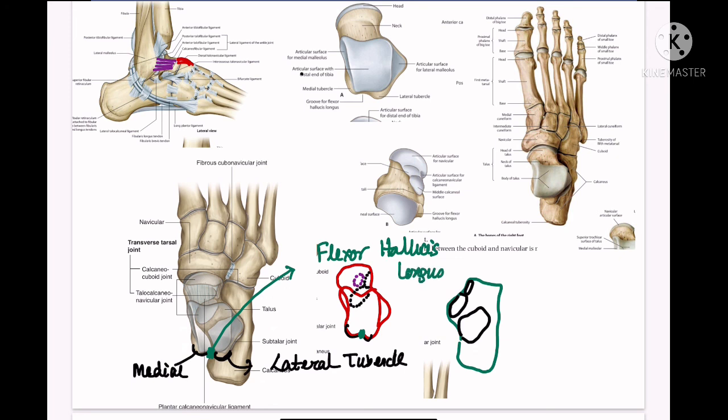You can see the lateral tubercle and medial tubercle, and in between a groove. That groove is for flexor hallucis longus. That is about the posterior surface of the talus.